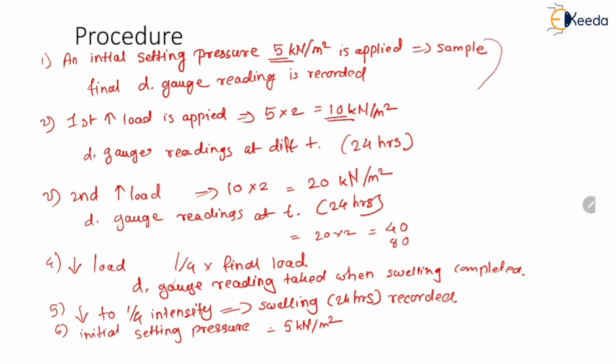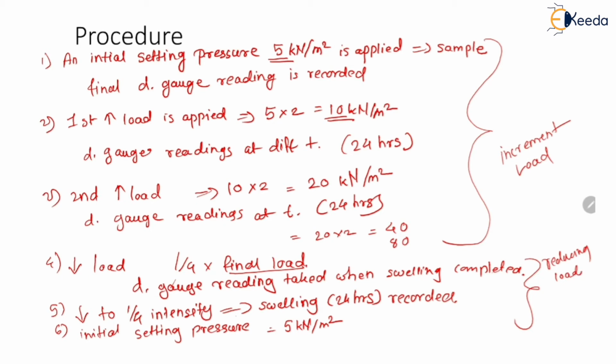So initially we do the increment of load and dial gauge readings are taken, and once we reach the final load we start reducing load, and dial gauge readings are taken.